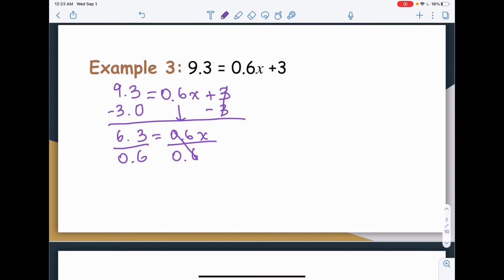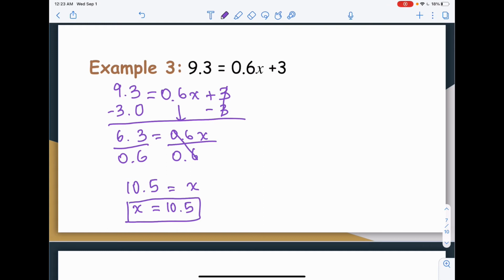So when you divide 6.3 by 0.6, your final answer here will be 10.5 equals x. So you can write it either way, but it is probably more desirable to write x on the left side and the solution on the right side. So it is x equals 10.5.